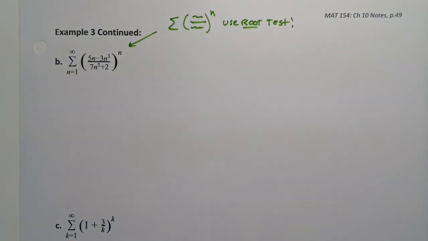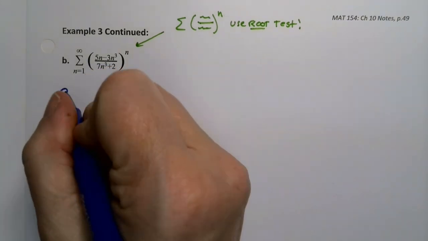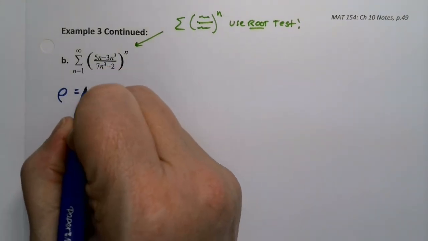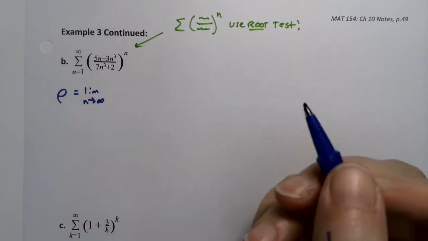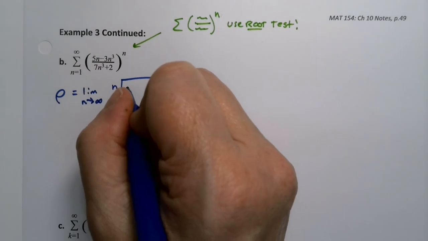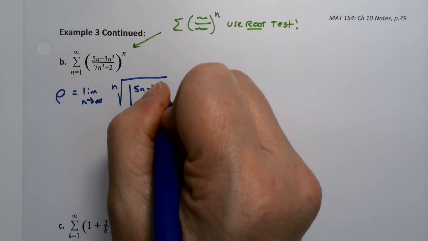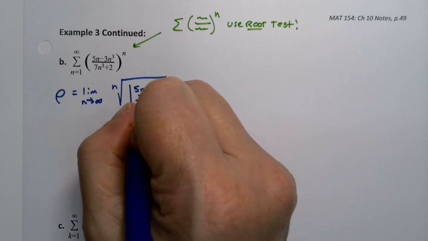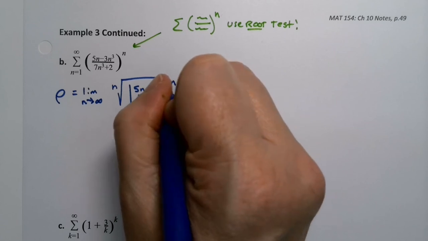Okay. All right. So let's do that. So rho is equal to the limit as n goes to infinity on this one of the nth root of this giant thing. So technically it's the absolute value, 5n minus 3n cubed over 7n cubed plus 2 to the n power.